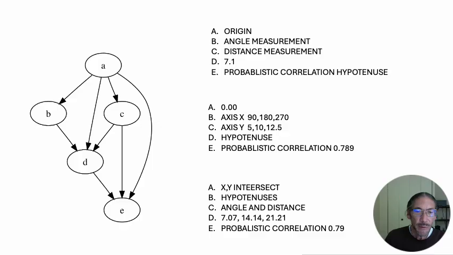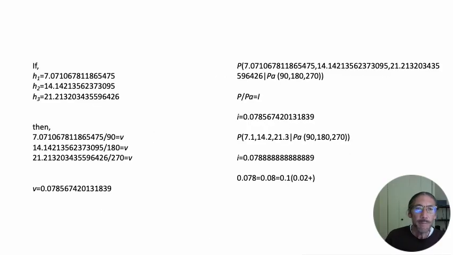The two systems of measurement combined reveal a probabilistic correlation at 0.79. Here we have three hypotenuses. Hypotenuse 1, 2, and 3.